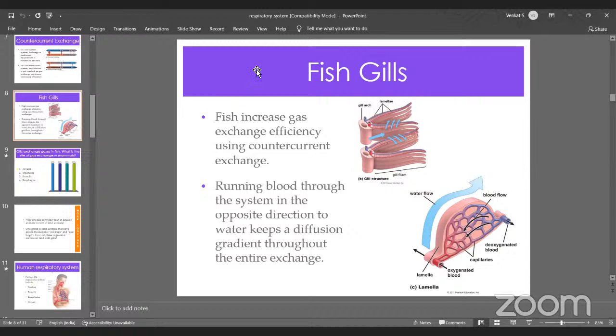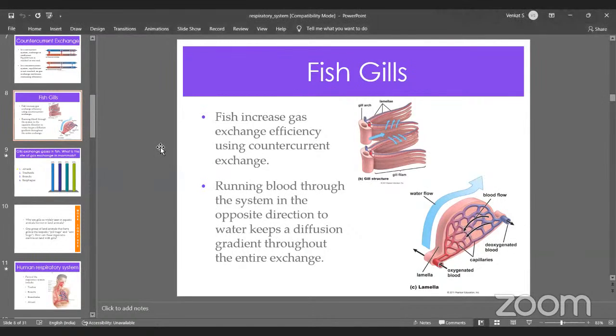This is the gill structure of fish. Running blood through the lamellae in the opposite direction to water keeps diffusion guaranteed throughout the exchange. This is very important.